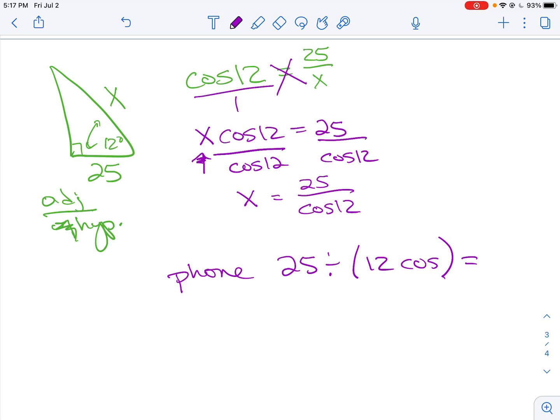So that x would be approximately 25.6, we'll call them meters this time. Meters. Oh, and that would be approximate, not equal to. Okay.